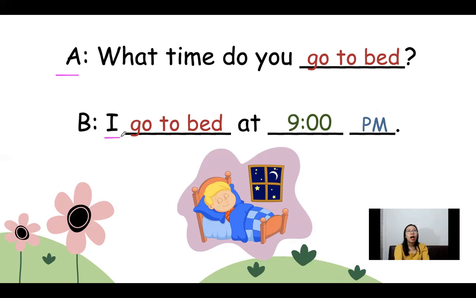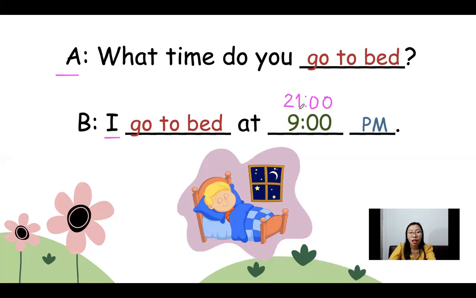Okay, so in English now, we only use the time in the, so 9 p.m. Or we can say, what time is this? 21, right? 21.